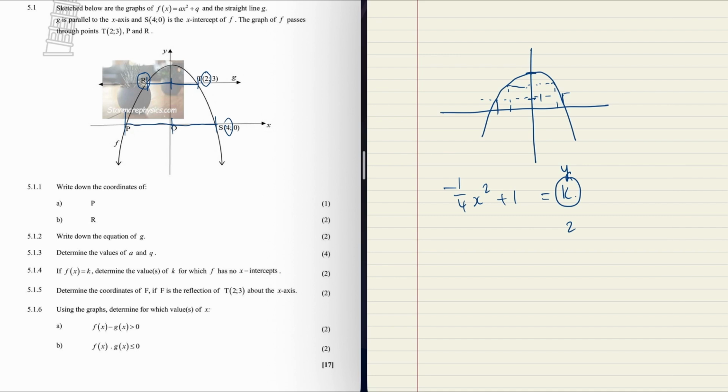So anything above 4, there will be no x-intercept, because that is the maximum of this function. For instance, if k is equal to 6, that imaginary line doesn't touch or cut the graph anywhere. And so there are not going to be any x-intercepts for that line.